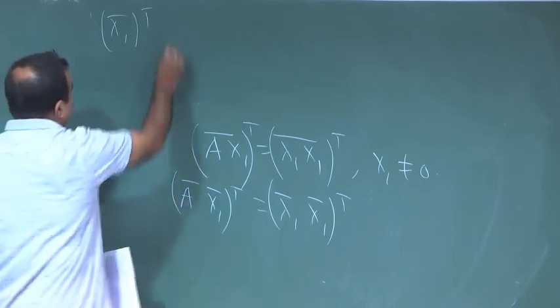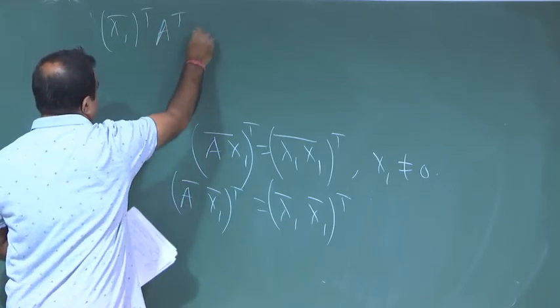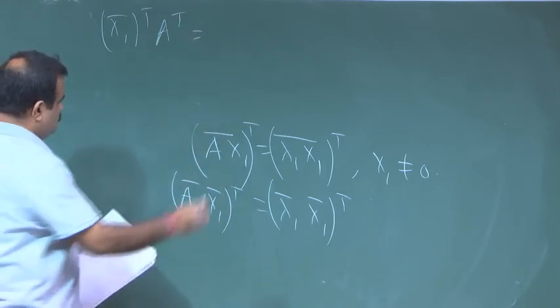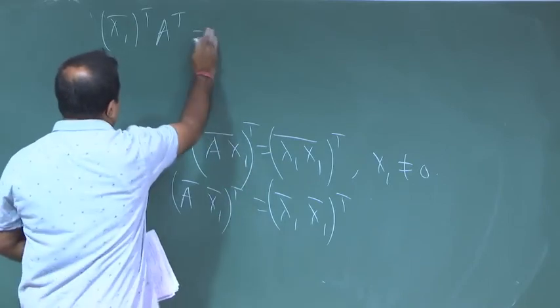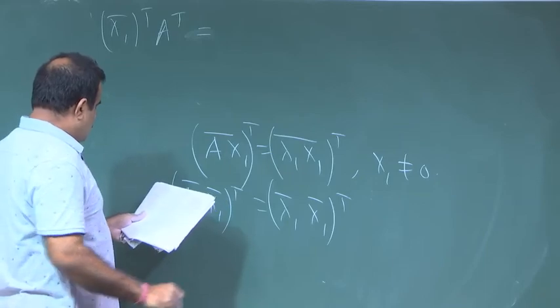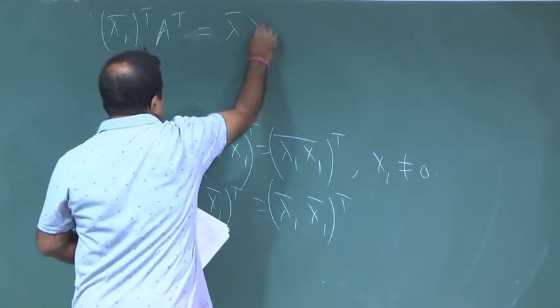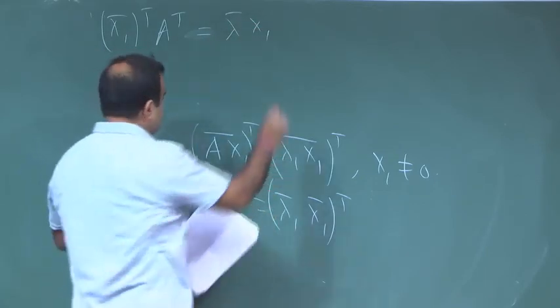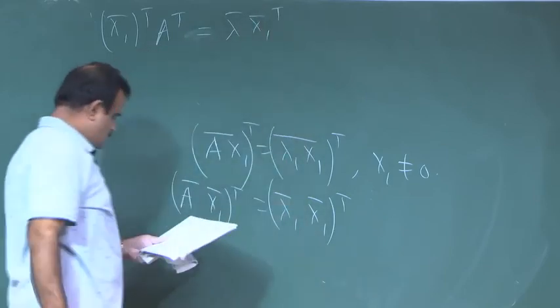So, this is nothing but A transpose, equal to lambda bar x 1 bar transpose.